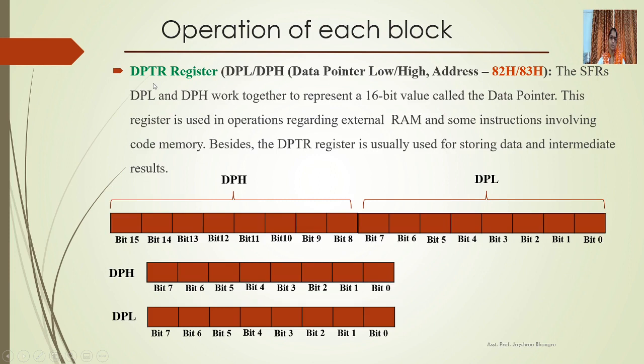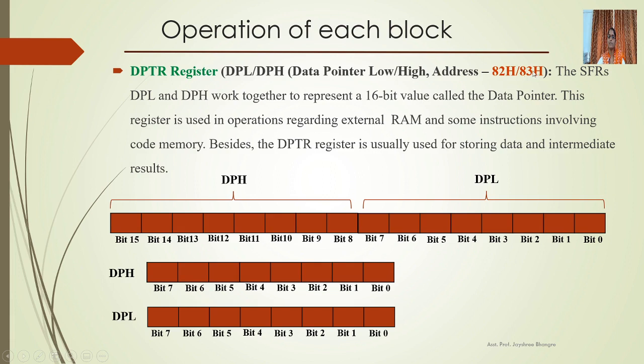Next SFR is the DPTR register, that means data pointer register, which is 16 bits wide. As we know that 8051 is an 8-bit microcontroller, so this 16-bit DPTR register is constructed using two 8-bit registers, that is DPL and DPH, meaning data pointer low and data pointer high.